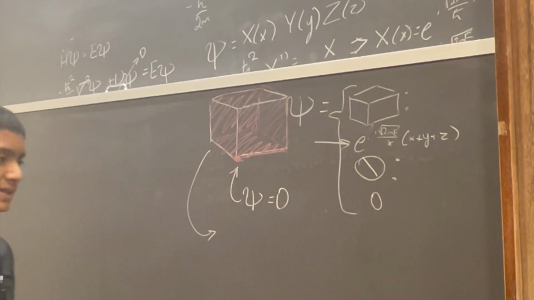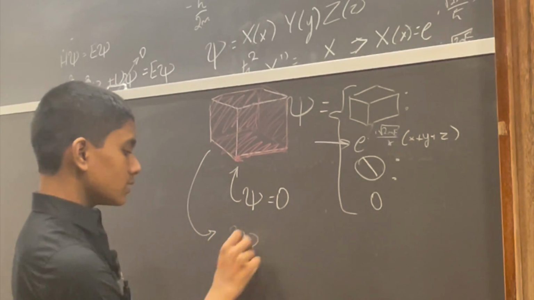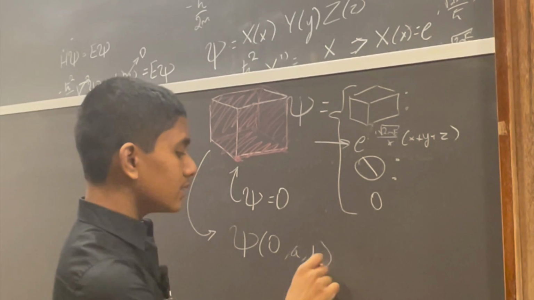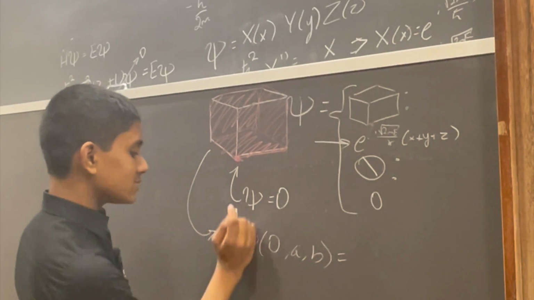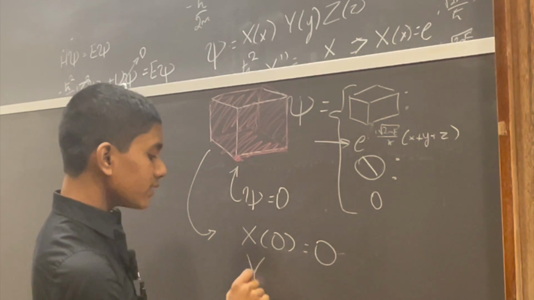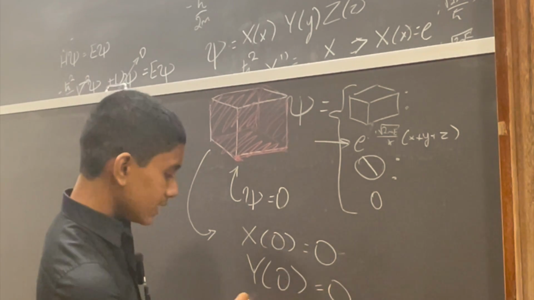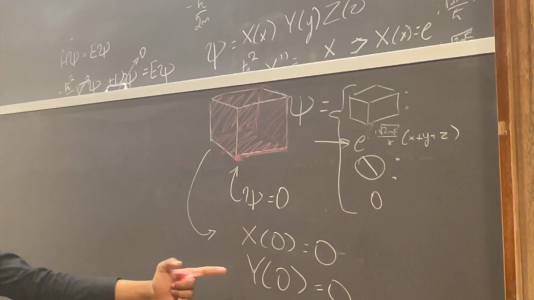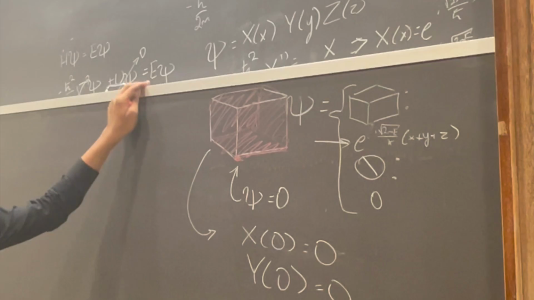We definitely need X of 0 to be equal to 0, Y of 0 to be equal to 0, and Z of 0 to be equal to 0. Where x equals 0, y equals 0, and z equals 0.